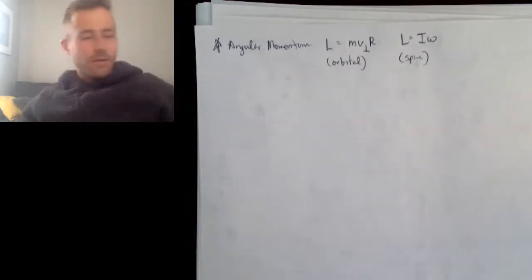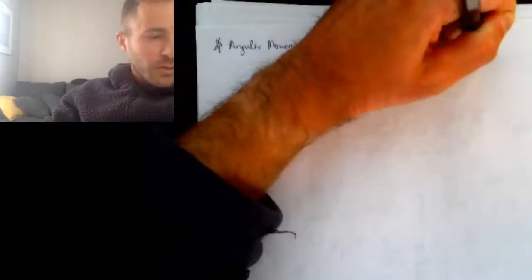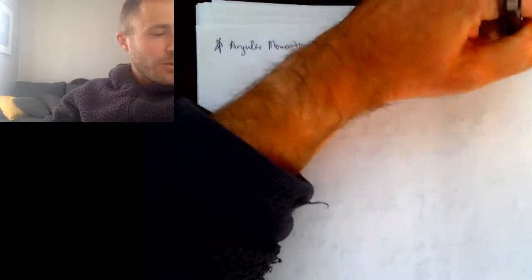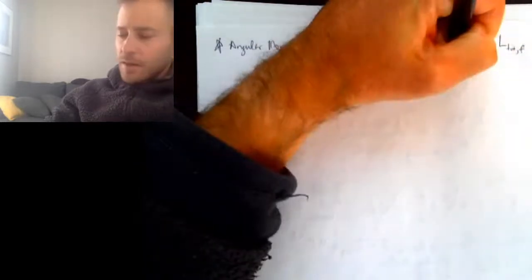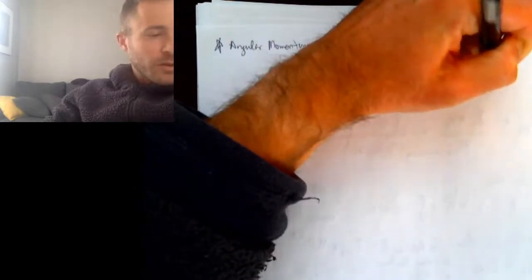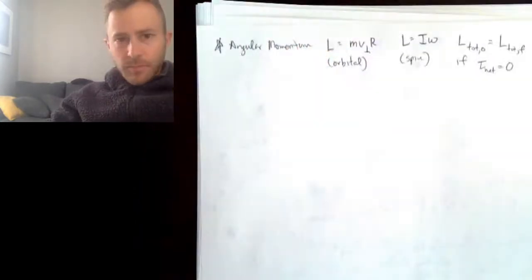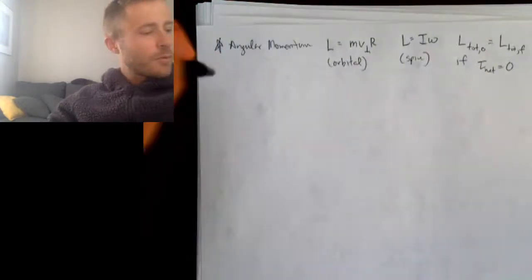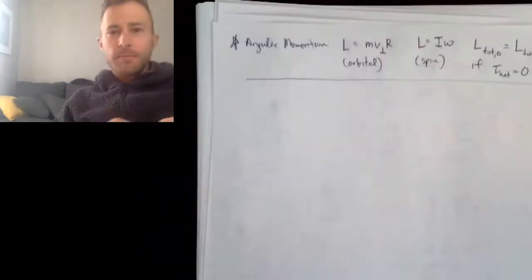Now, the nice thing about angular momentum is that it's conserved. The total initial angular momentum is equal to the total final angular momentum if there is no torque on the system. Torque changes angular momentum.